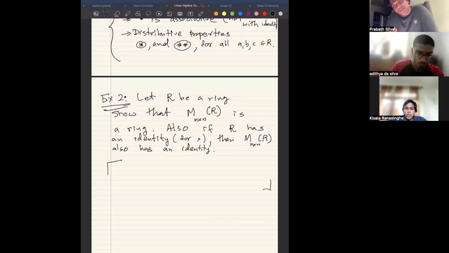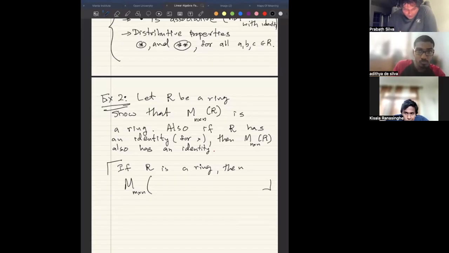When you look at these objects in this way, for example, if R is a ring, then we can talk about M by N matrices with entries coming from R, because what's inside here is a ring.